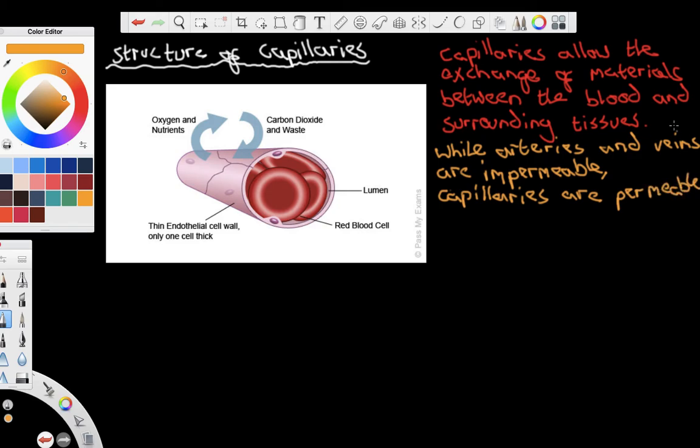Okay. Now, some adaptations of capillaries.